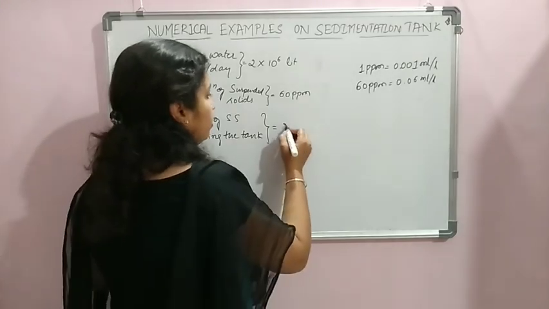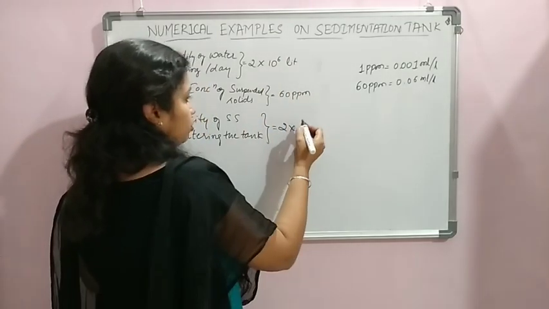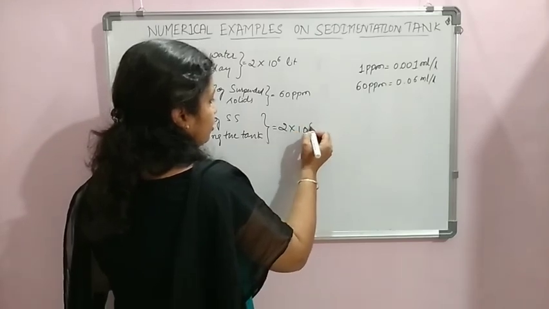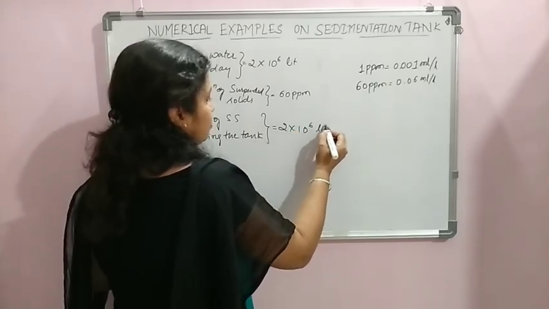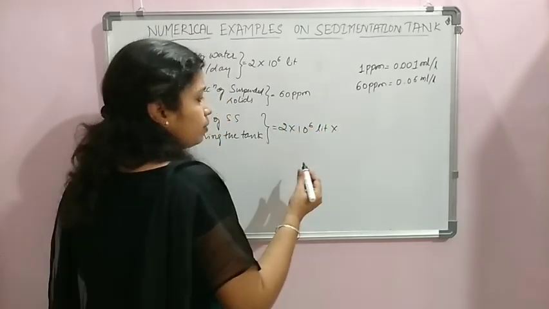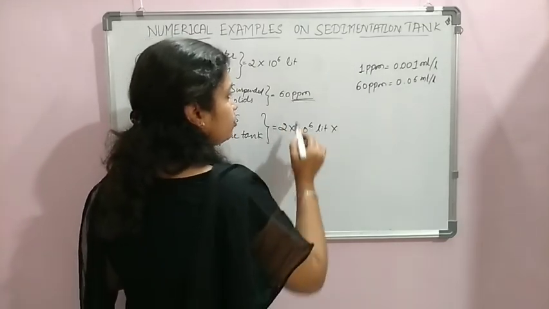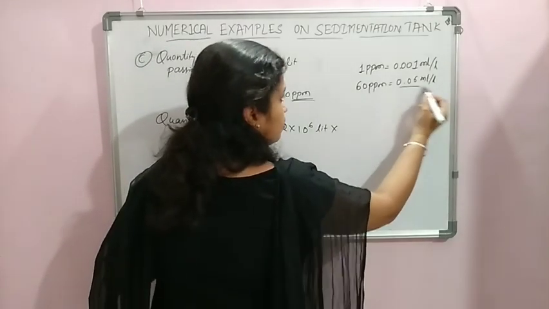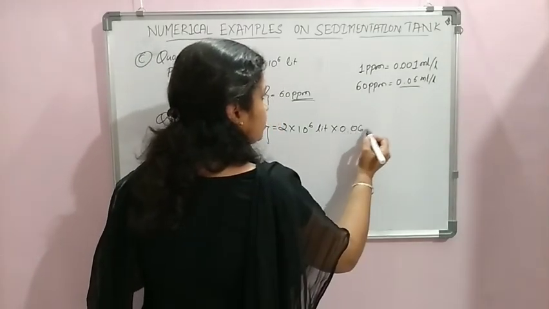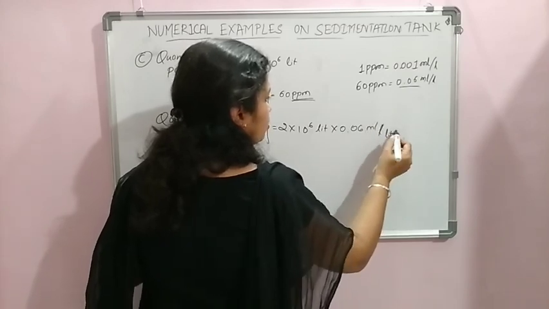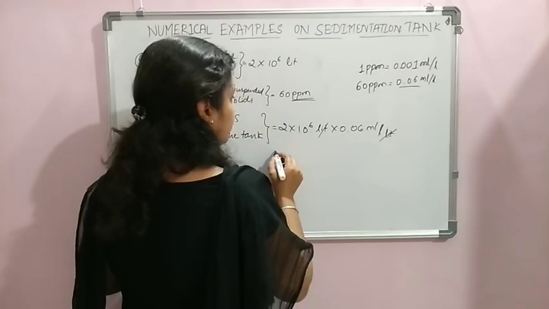In order to find that, we are multiplying both of them, that is the quantity of water passing, 2 into 10 raised to 6 liters. Here we have 60 ppm, but we can't write it as ppm because the unit is differing. So in order to convert it, we are using 0.06 ml per liter. So this liter gets cancelled.